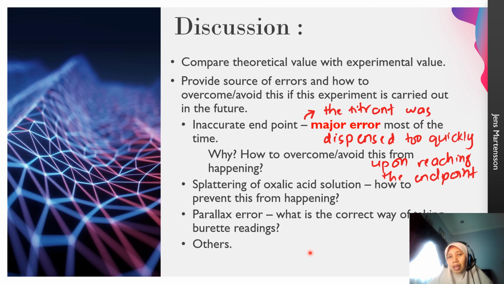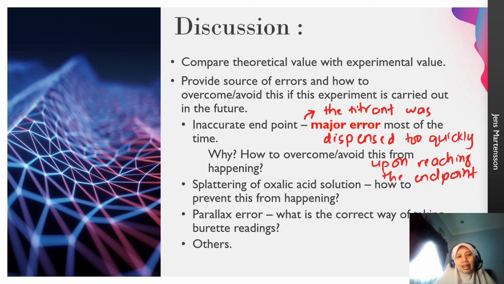Make sure the meniscus of the solution is at eye level, the same level as your eye, to avoid parallax error. And of course, if you have other ideas, other things that you think might have contributed to the error, you can add them to your discussion. And if there are exercise questions given in the lab manual, include that as part of your discussion as well.